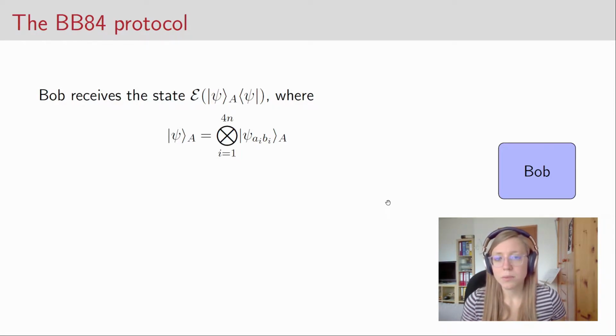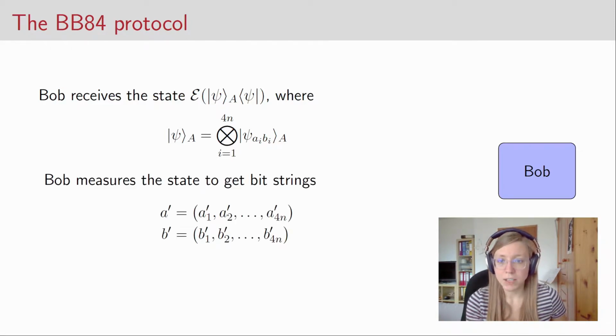Okay, so this quantum channel I talked about is denoted with a curly E. And so Bob has now received these states, and he announces this fact. So Alice knows Bob has received the states she has sent. He then measures the states, so he gets his own bit strings.